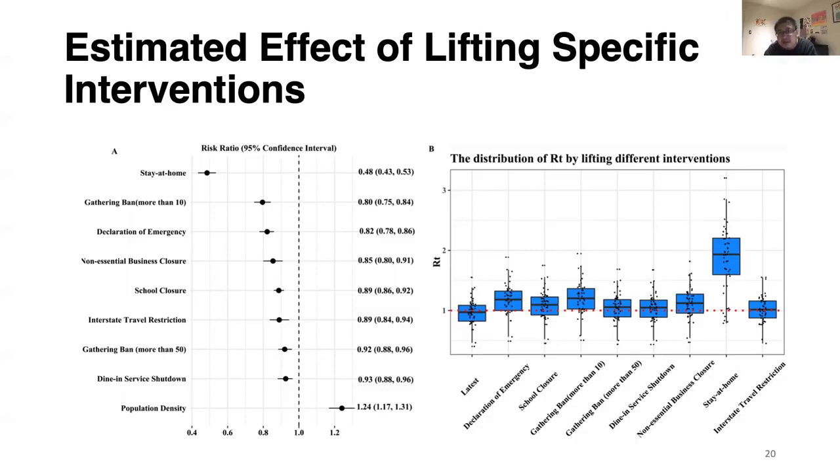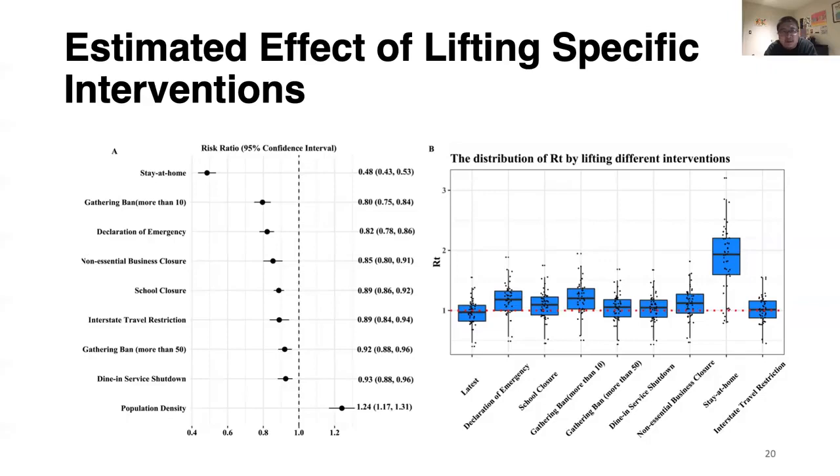The reduction in RT generated by gathering ban, non-essential business closure, and the declaration of emergency were 19%, 16%, and 13%, respectively. Interstate travel restrictions, school closure, and the initial business closure achieved a reduction in RT corresponding to 11%, 10%, and 10% respectively.